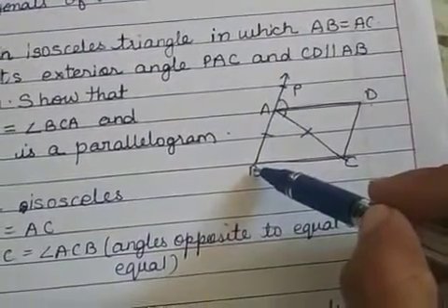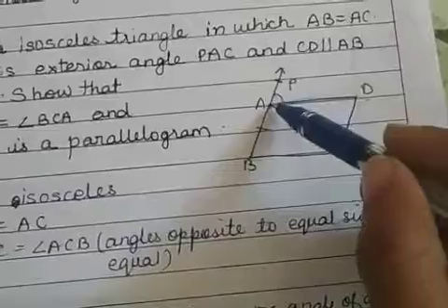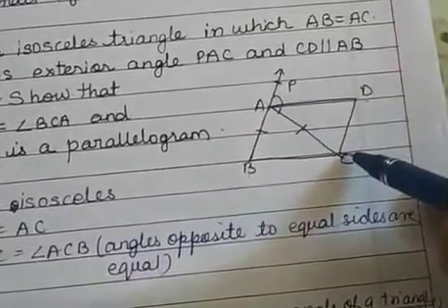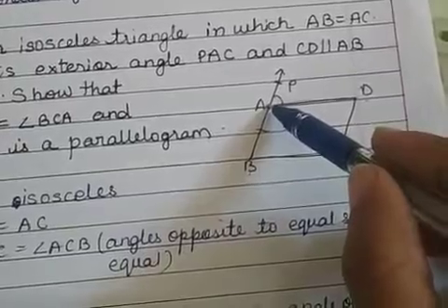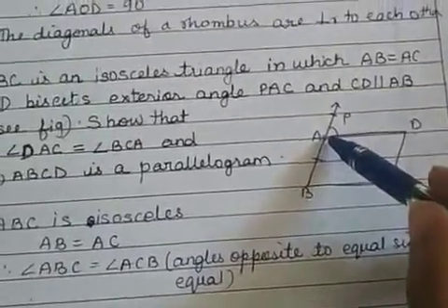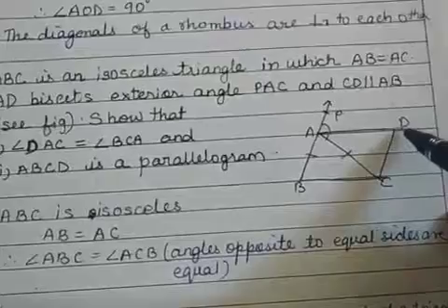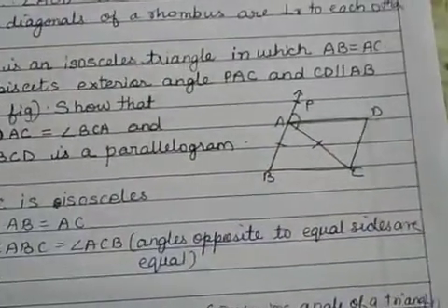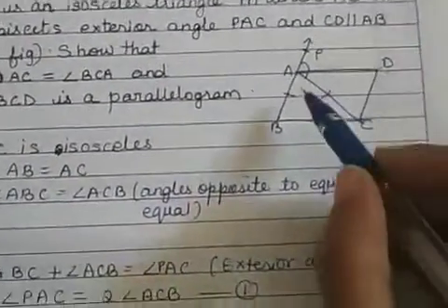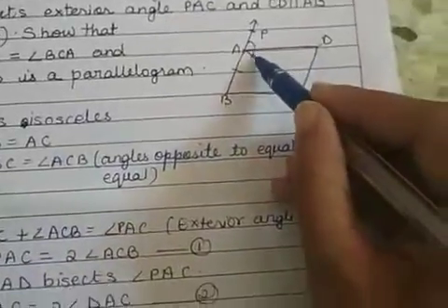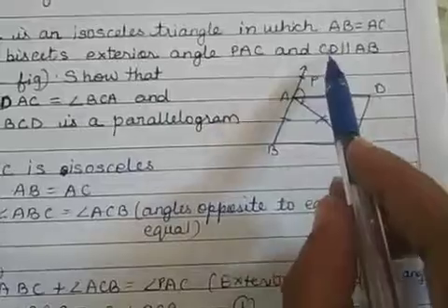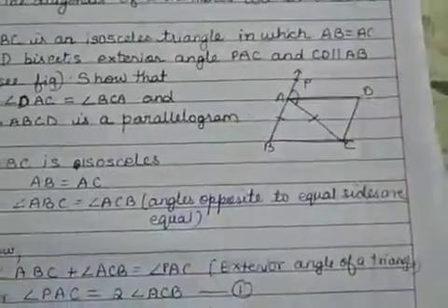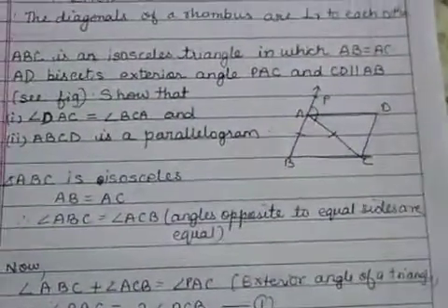We have to show that angle DAC is equal to angle BCA. Second, we have to show that ABCD is a parallelogram. So now let us take the first one. We have to show that this angle is equal to this angle. So whatever conditions are given to you, you have to use those conditions to prove this.